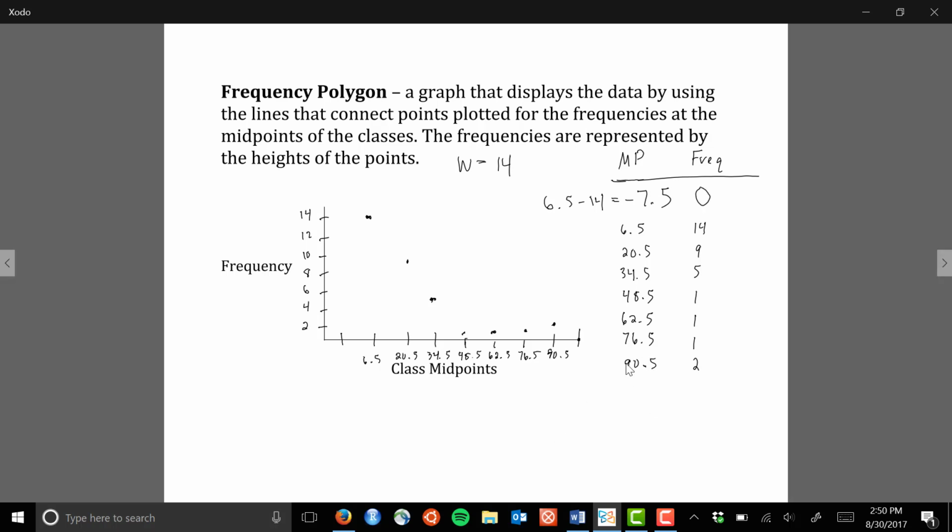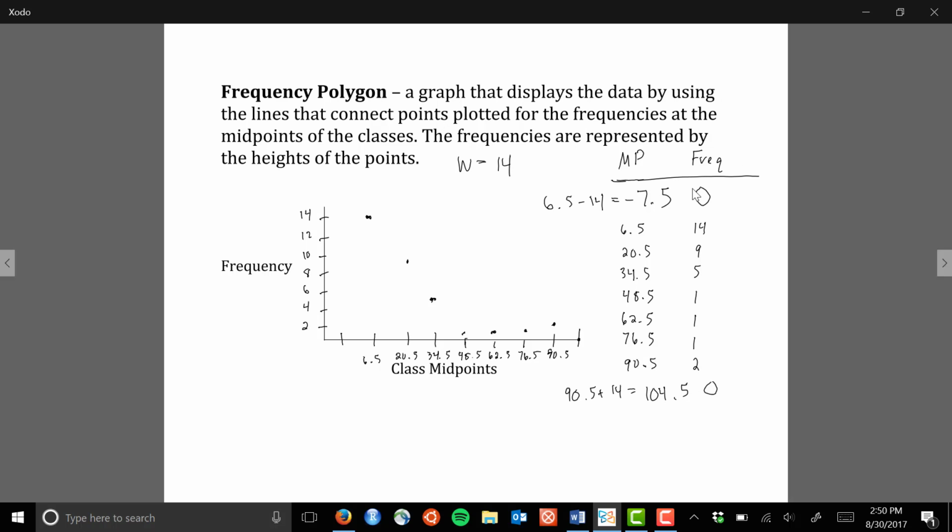For our last midpoint of 90.5, to get the next hypothetical midpoint, I'm going to add the class width to 90.5. So the next hypothetical class midpoint would be 90.5 plus 14, which gives us 104.5. And since we didn't observe any data in that class, that frequency is 0.